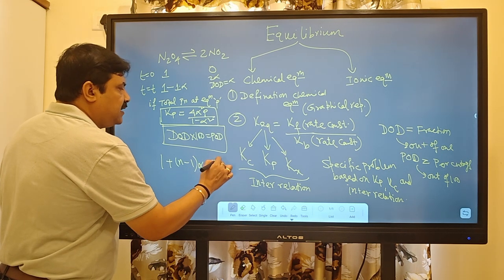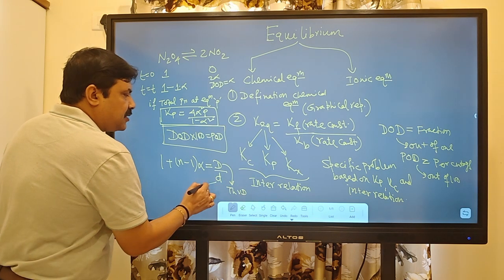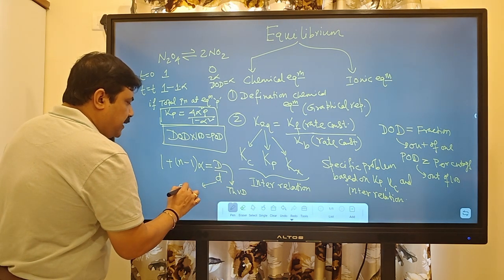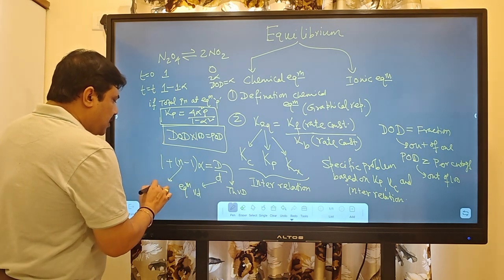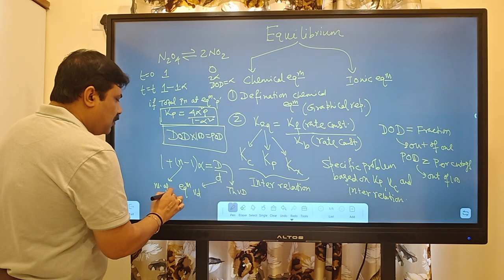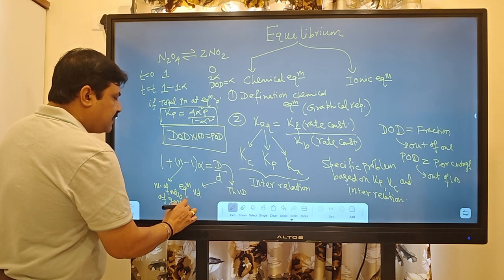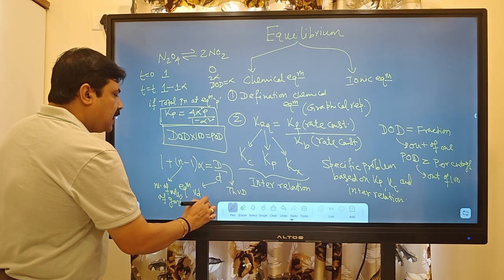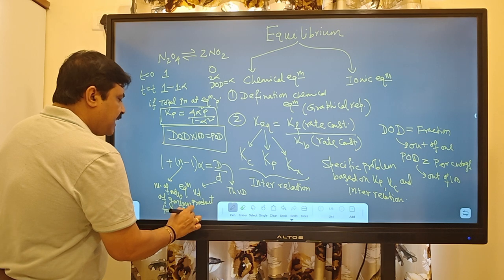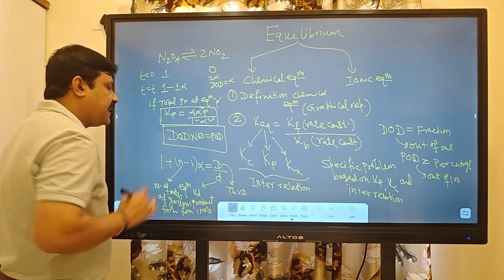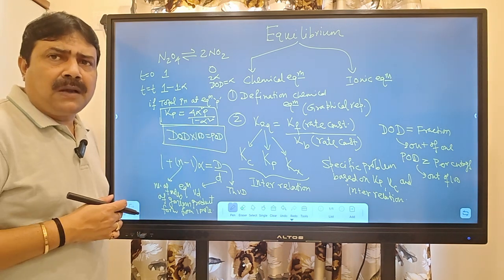Capital D is the theoretical vapor density, small d is the equilibrium vapor density, and n is the number of moles of gaseous product formed from 1 mole of gaseous substance. This relation you have to remember. Based on that they used to give the problems.